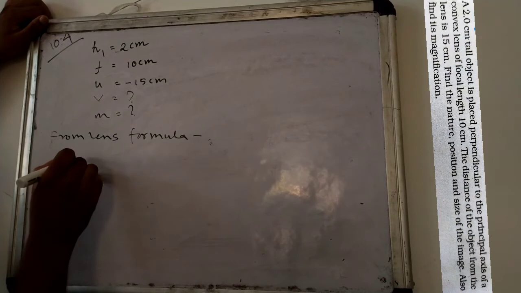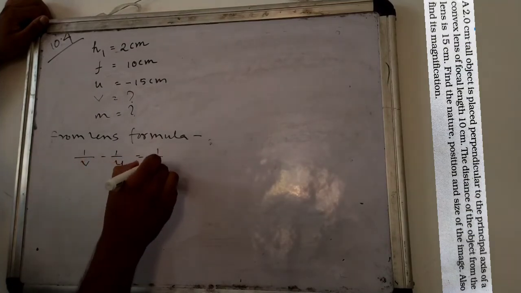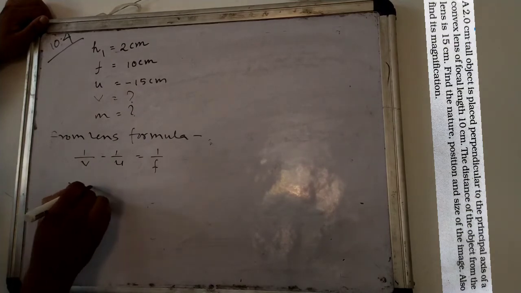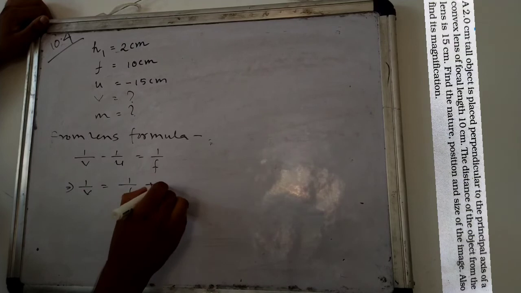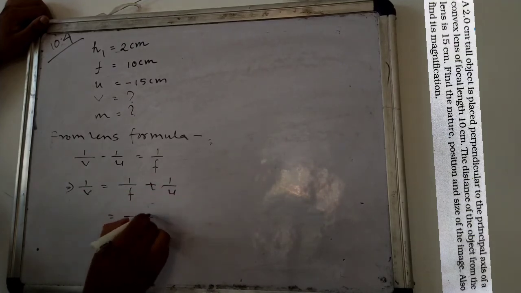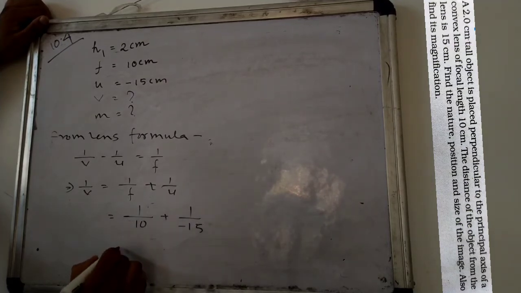From the lens formula, 1/v minus 1/u equals 1/f. So 1/v equals 1/f plus 1/u. In place of f we put 10, and in place of u it is minus 15.